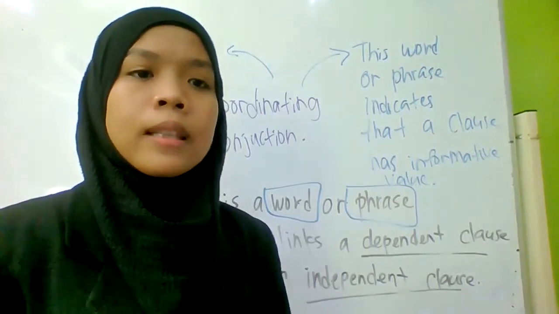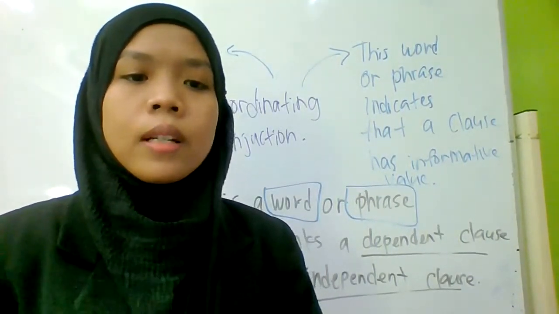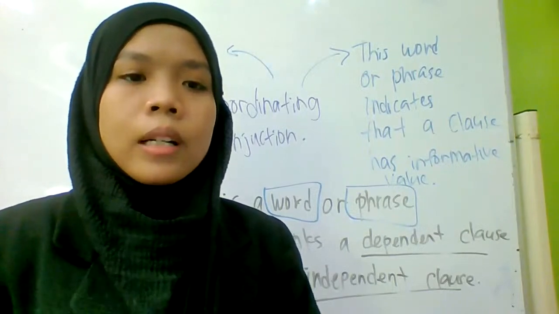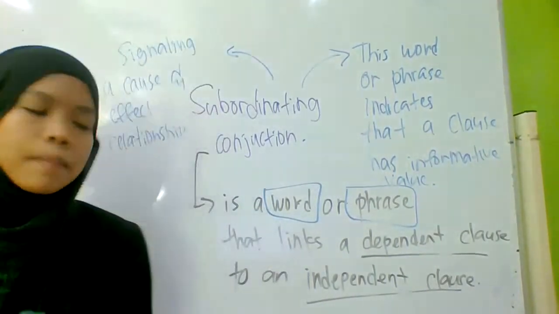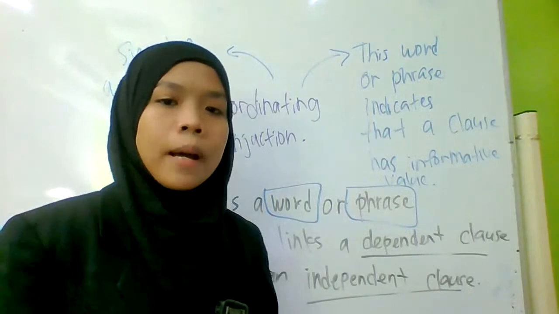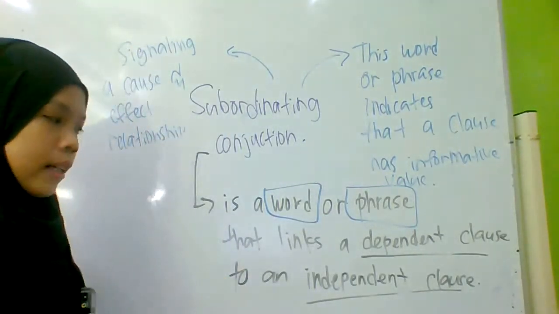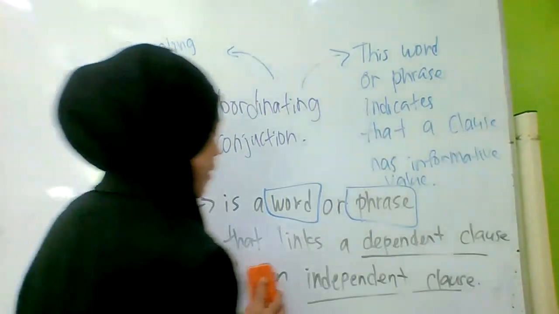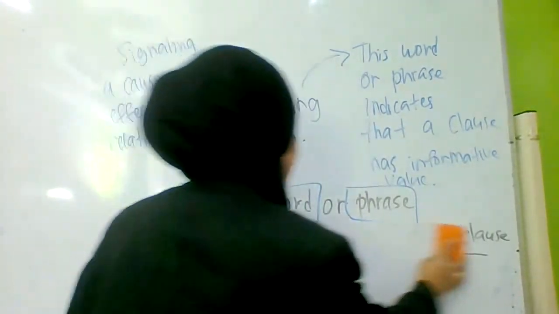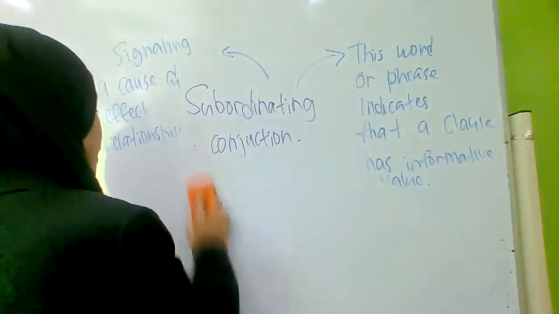We go deeper into the types of subordinating conjunctions. It sounds a little bit complicated at first, but no worries, we go one by one.